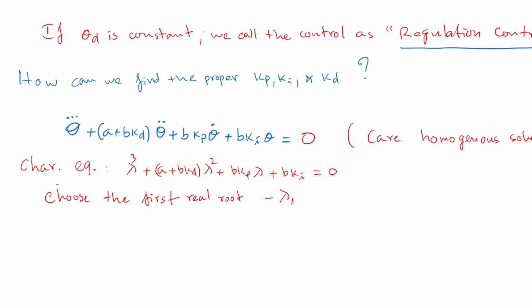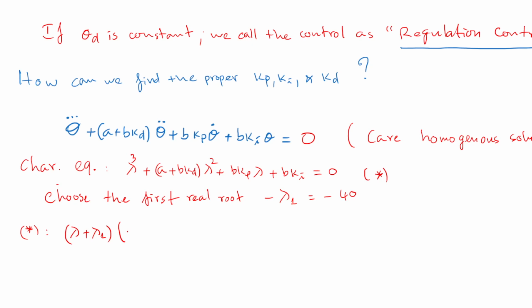Just call it minus lambda 1 equal to minus 40. Yeah, this way is better, more convenient. Okay. Then the equation star can be rewritten as lambda plus lambda 1, and then you only have second order, right?